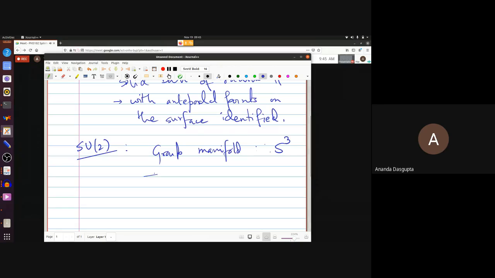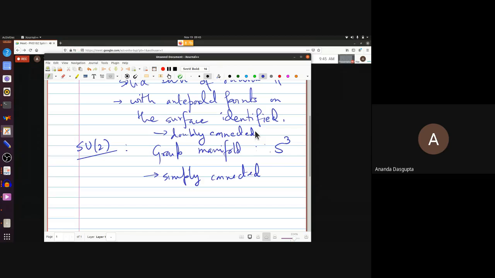In particular, it's simply connected. Whereas SO3 was doubly connected in the sense that you had loops in SO3 which could not be contracted to points, but which, when traversed twice, could always be contracted down to points.